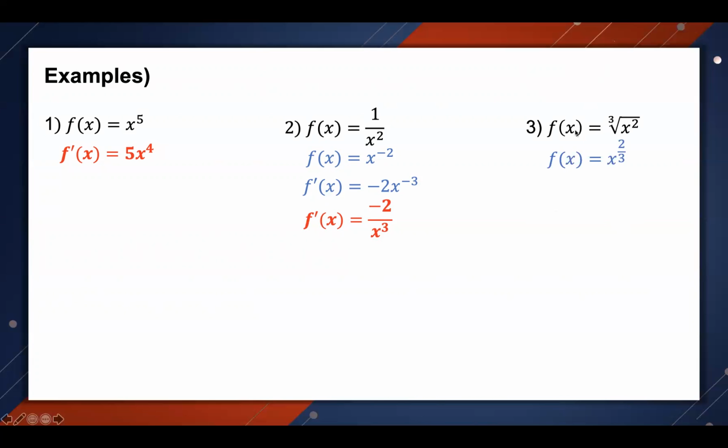We use the power rule and put the 2 divided by 3 as a constant before the x, and the power needs to be minus 1. So the final result is f prime equals 2 divided by 3 times x to the power of negative 1 divided by 3.